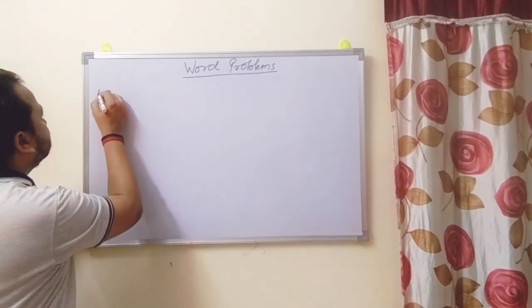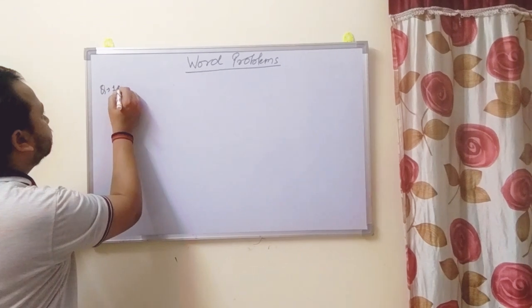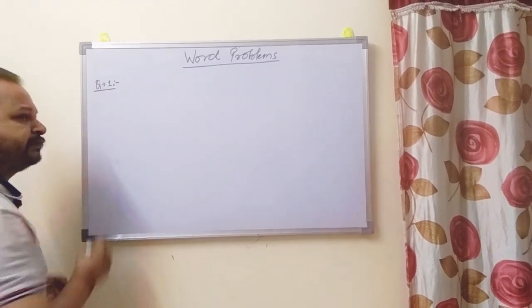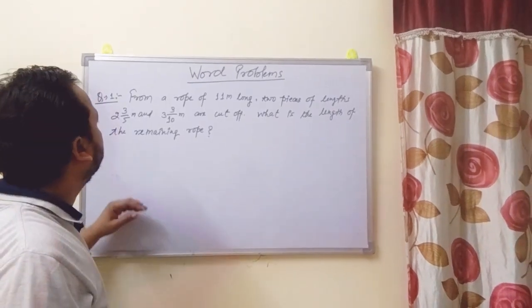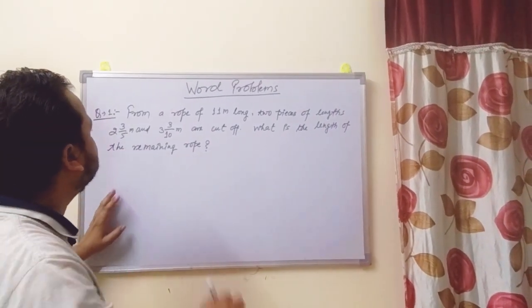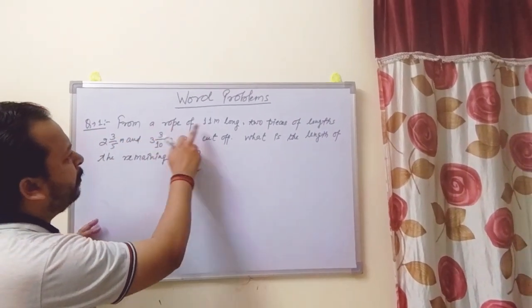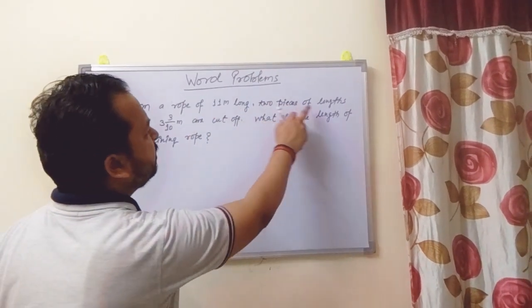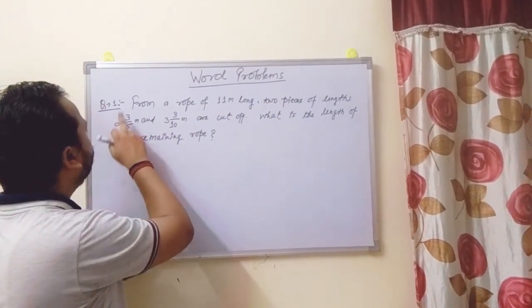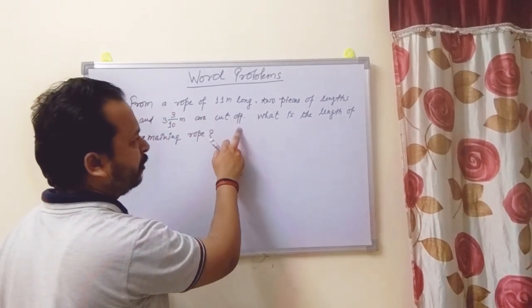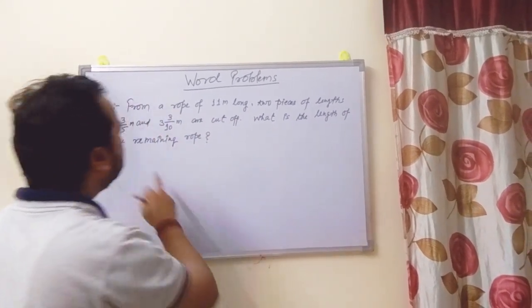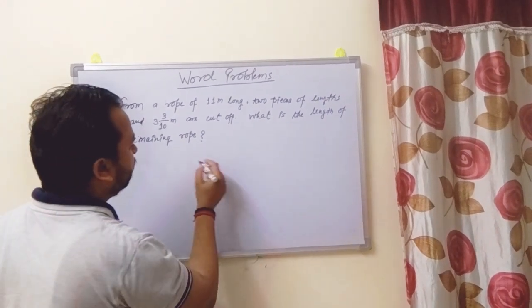First question is, from a rope of 11 meter long, two pieces of length 2 whole 3 by 5 meter and 3 whole 3 by 10 meter are cut off. What is the length of the remaining rope?